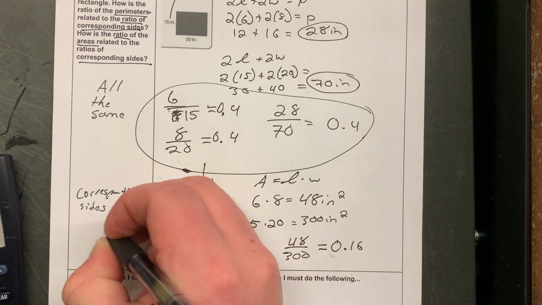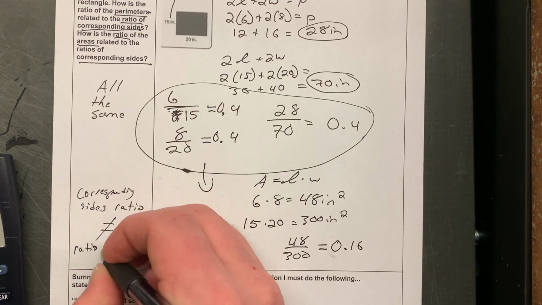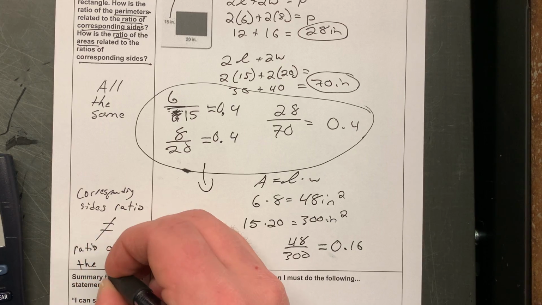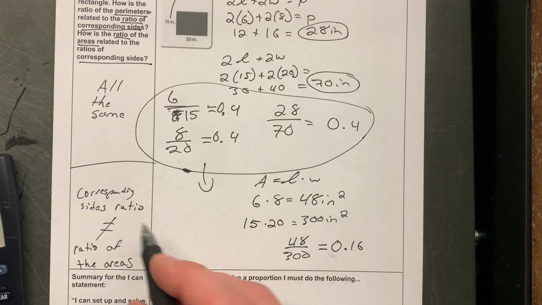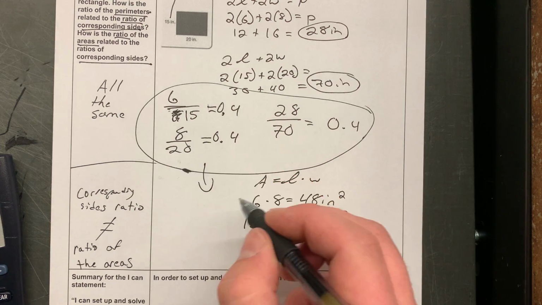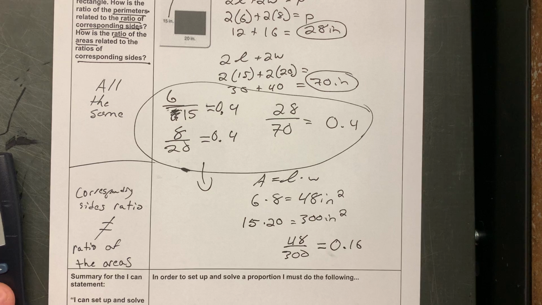The ratio of the sides does not equal the ratio of the areas. That's my answer for my second one right here. Because these are not the same. My 0.4s are not the same as 0.16.